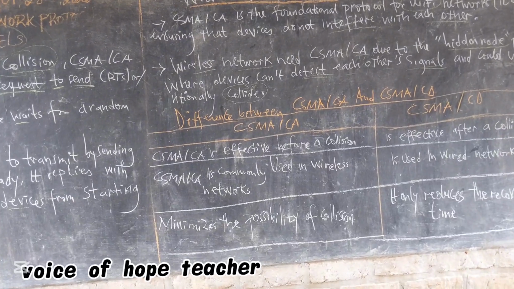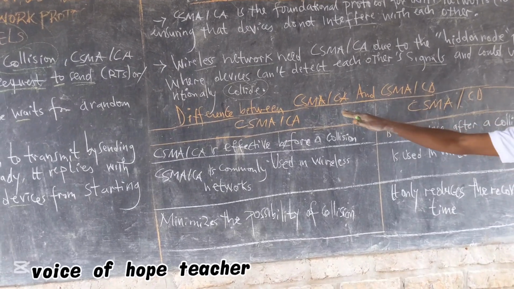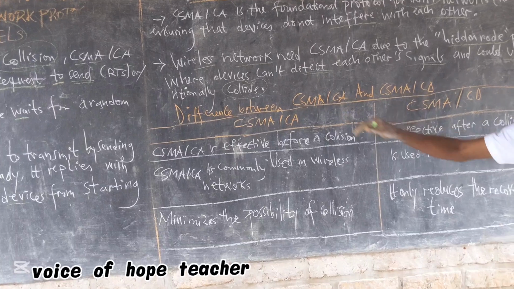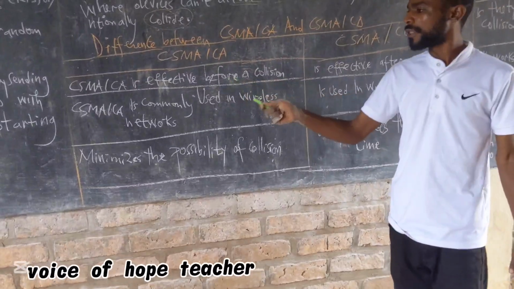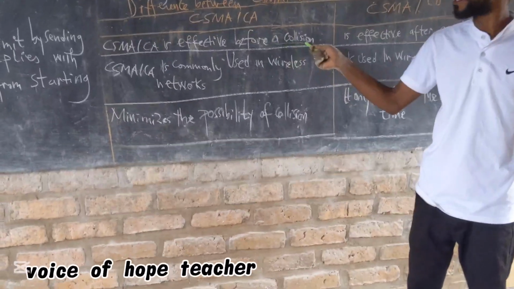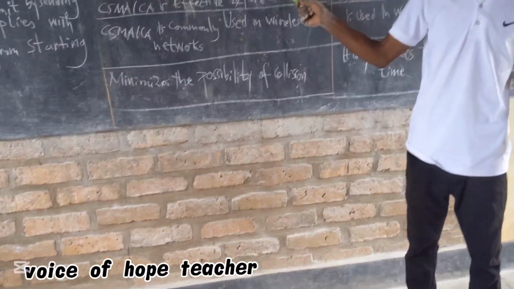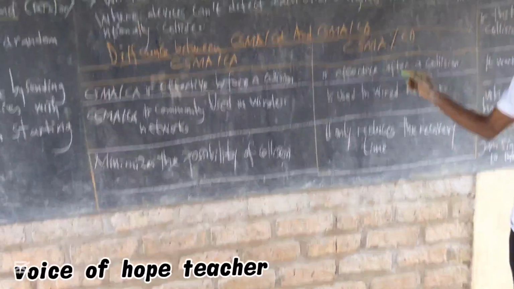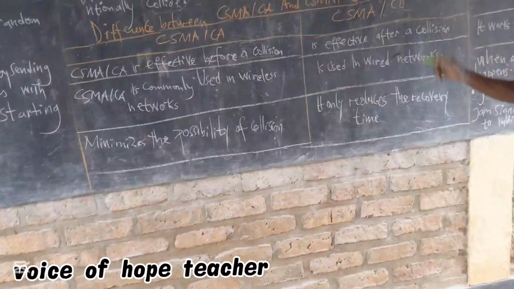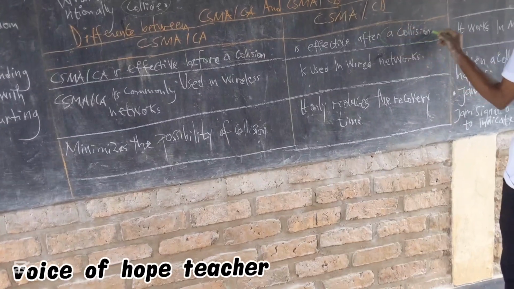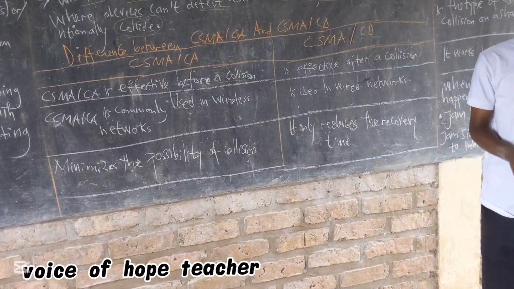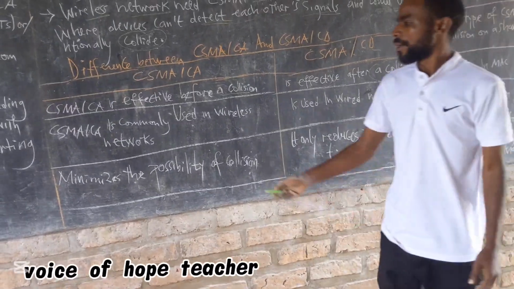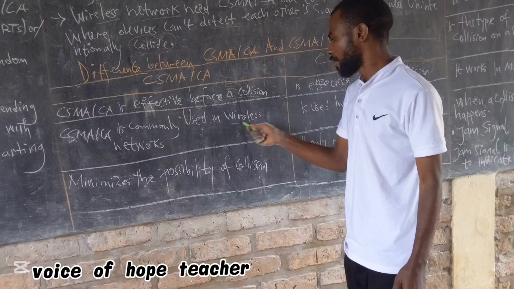Hano tukagira ese n'irihe tandukaniro riri hagati ya collision avoidance and collision detection. Iyi collision avoidance tuyikoresha mbere y'uko collision iba, naho collision detection yo tukayikoresha after collision, nyuma y'uko collision yabaye. It is commonly used in wireless.